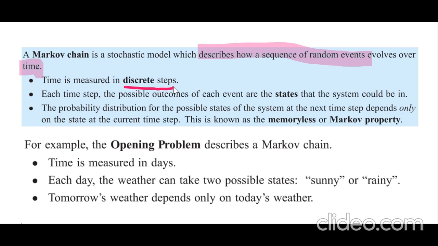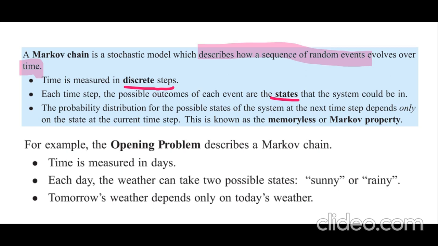Each time step will have possible outcomes of each event, which are called the states. The first state is called the initial state, and further ones are called the states.